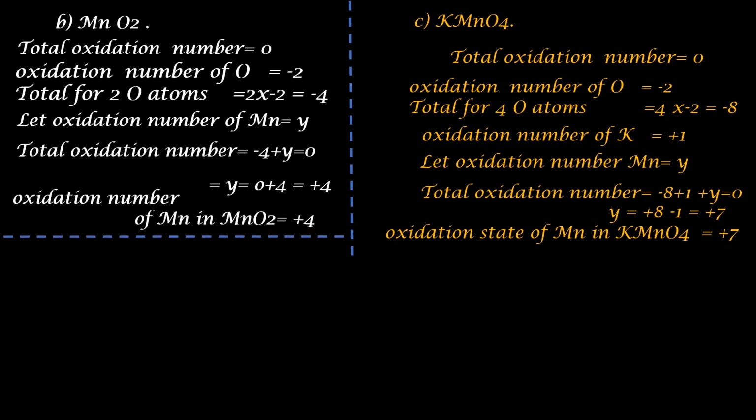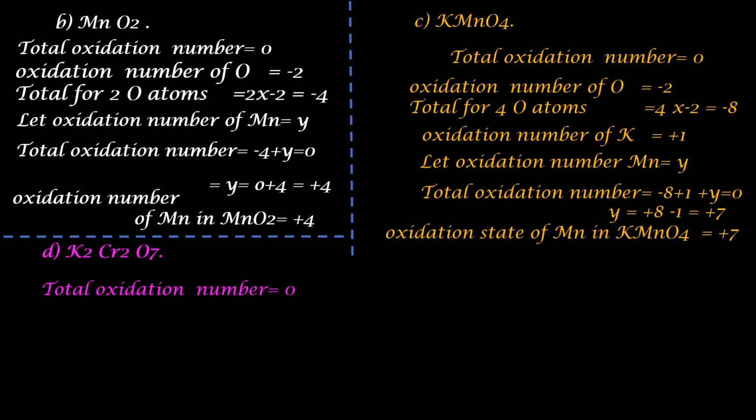D. Potassium dichromate. We will calculate the oxidation number of chromium. There are 2 potassium atoms, 2 chromium atoms and 7 oxygen atoms. Total oxidation state for the potassium dichromate molecule is 0.